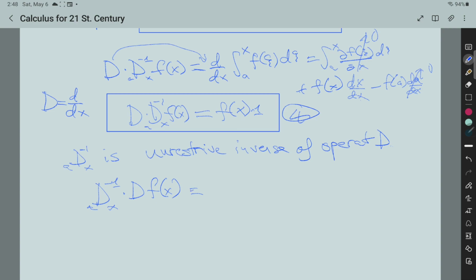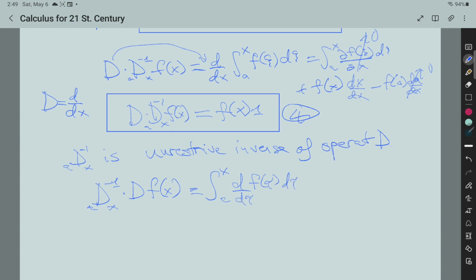Okay, so here you're going to have the integral. Yeah, they define it this way. We're going to use the integral from a to x of d by d tau of f of tau, and then d tau on this side.